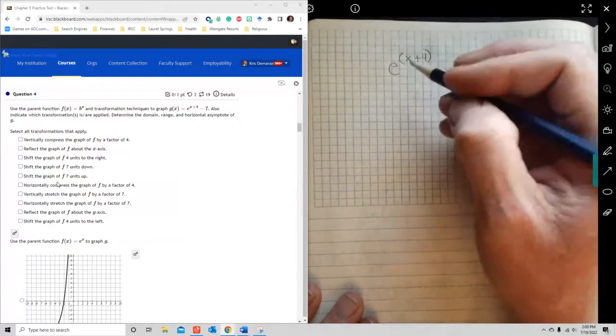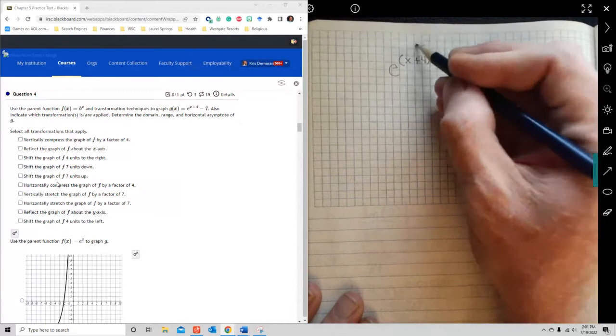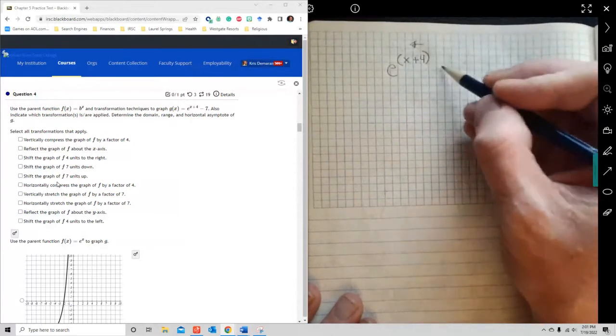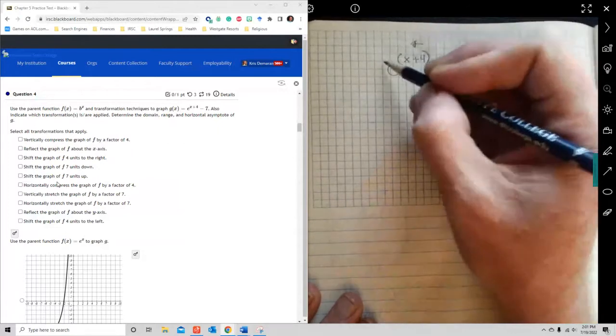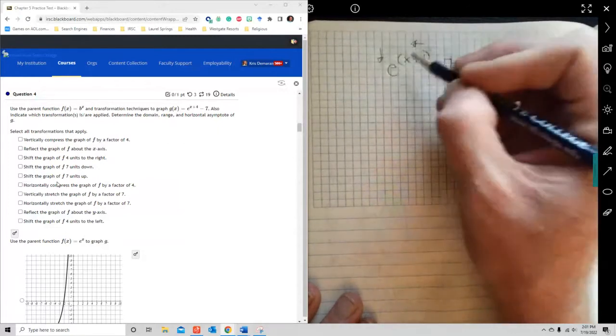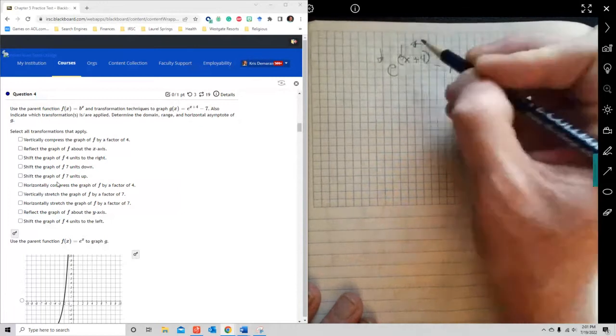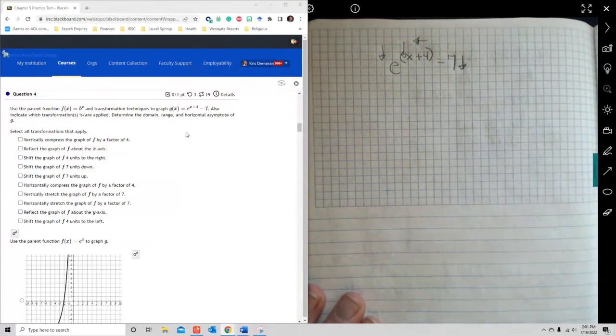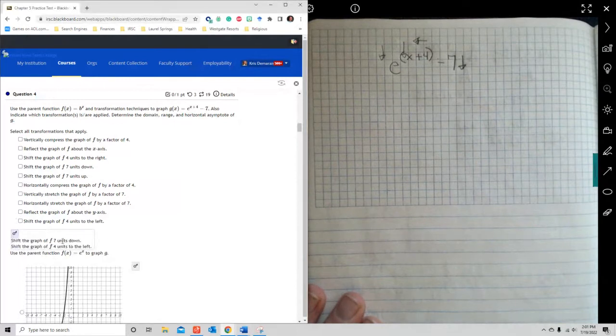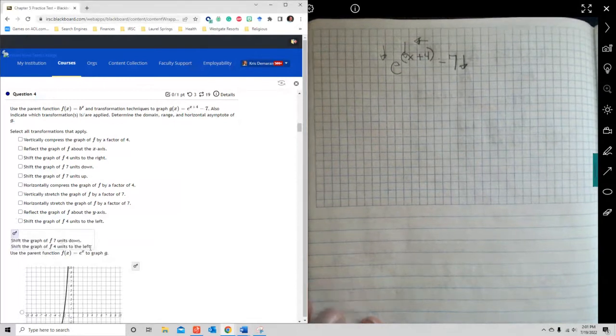It's making the exponential function move to the left 4 units because it's positive. And I told you how that works. And it's also moving 7 units down. Now there's no component here, there's no value here, and there's no value here. So there's no reflection or shrinking or stretching of the function. All right. So when we're looking at this, then this is what I just indicated is now identified right here. So it's 7 units down, 4 units to the left.